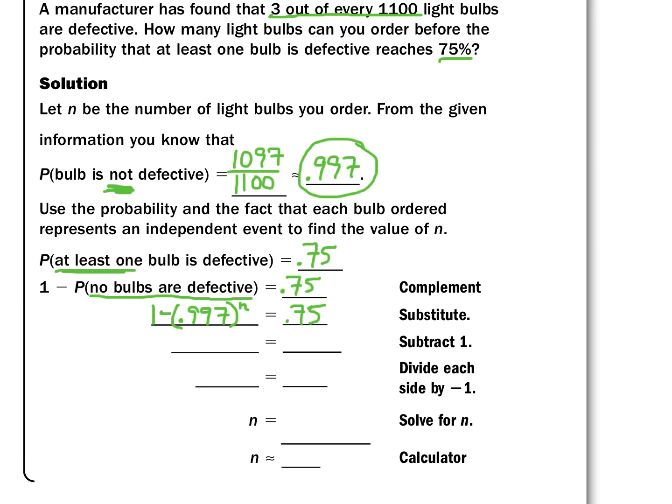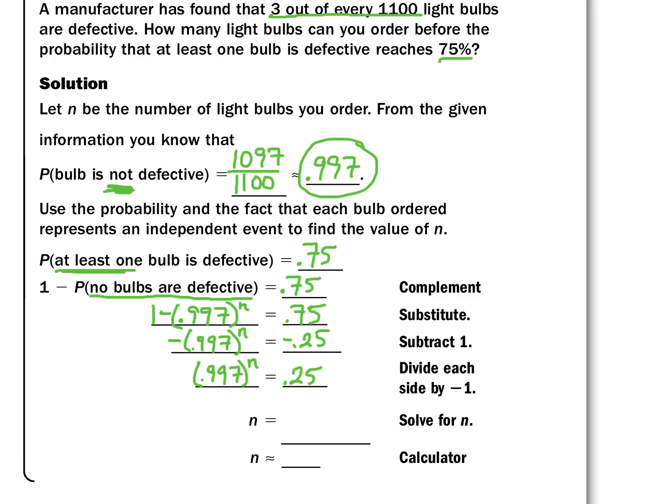And we subtract 1 from both sides, so that's negative 0.997 to the nth power is equal to negative 0.25. Divide each side by negative 1, so we get 0.997 to the nth power is equal to 0.25.